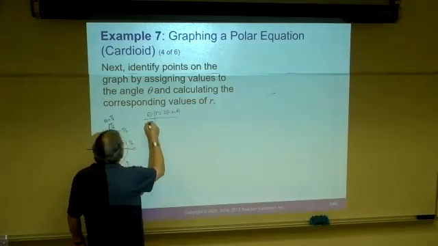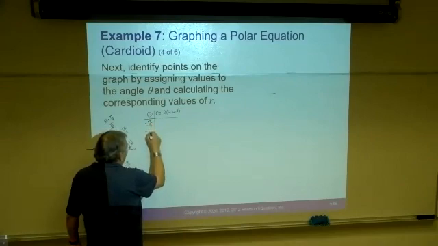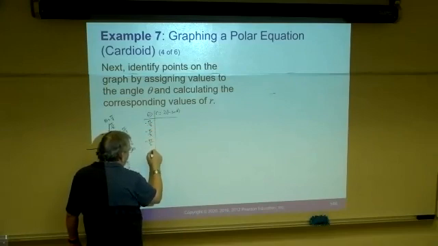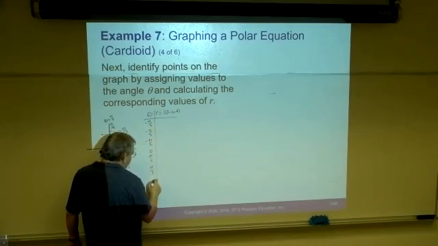So theta is, we start with a negative pi over 2, and then we go to a negative pi over 3, and then a negative pi over 6, and then 0, and then pi over 6, and then pi over 3, and then pi over 2.